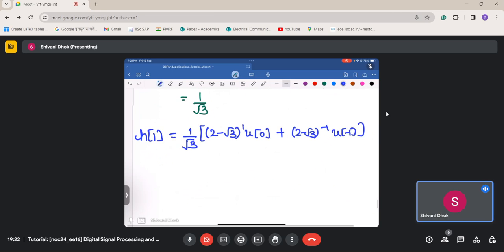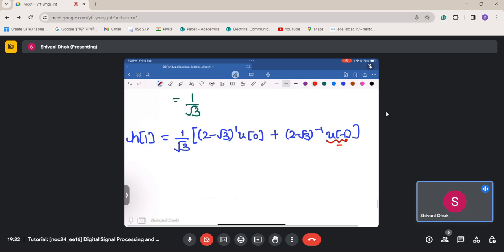Okay, so this is what we are having. So this quantity will be equal to 0, this is equal to 1. So what we are left with is 2 by root 3 minus 1. So h of 1 is equal to 2 by root 3 minus 1.